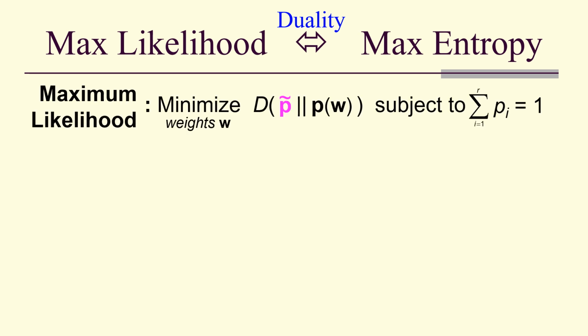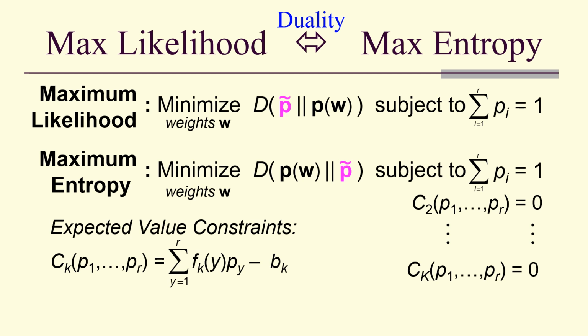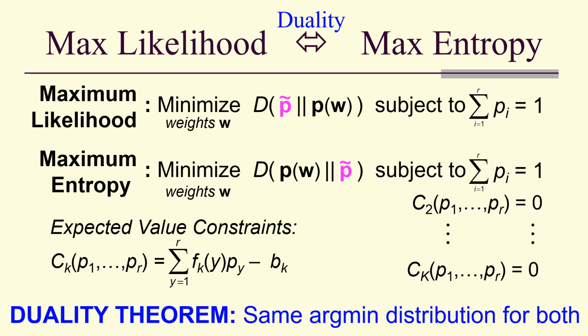However, notice that we have our maximum likelihood problem, an equivalent problem to it, and this maximum entropy problem, and the first problem satisfies the expected value constraints. So if the constraints for the maximum entropy problem are these expected value constraints, what does that mean? We get the same argmin distribution for both. So we end up with the best of both worlds.